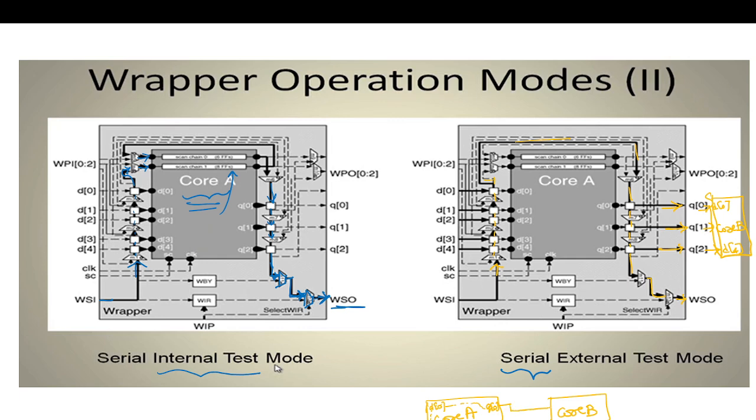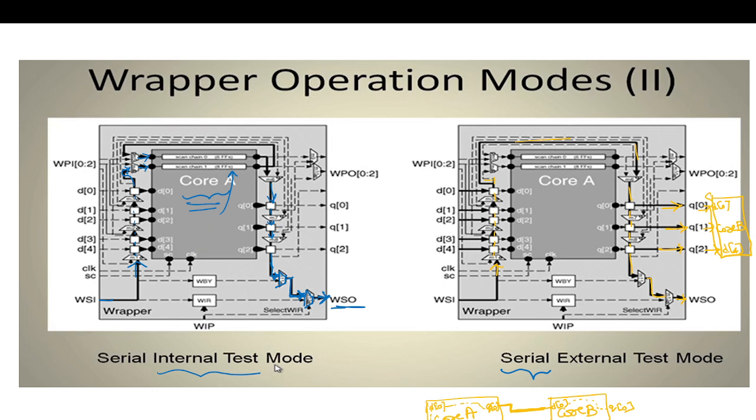Now it will be applied to this interconnect, which is connected to D0. And then again this response will be shifted to this Q0. So what we obtain here is we can test this interconnect. External testing is basically testing this interconnect.